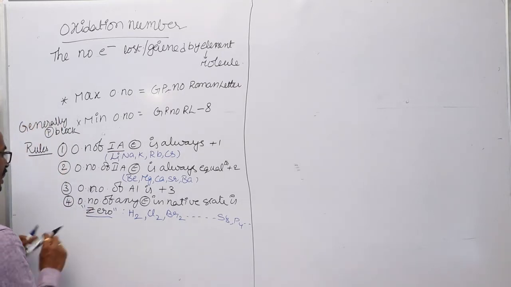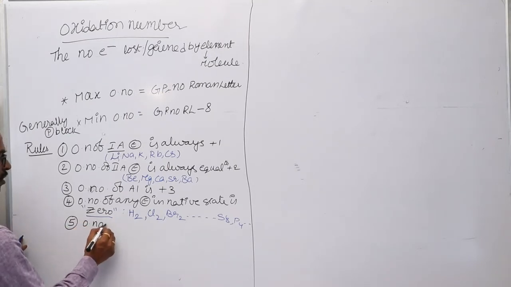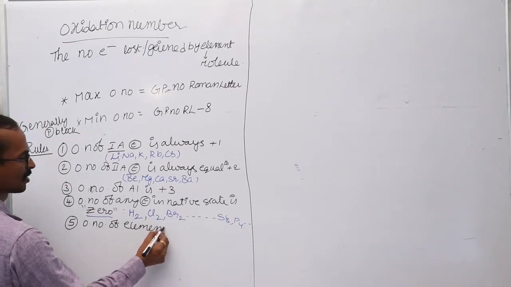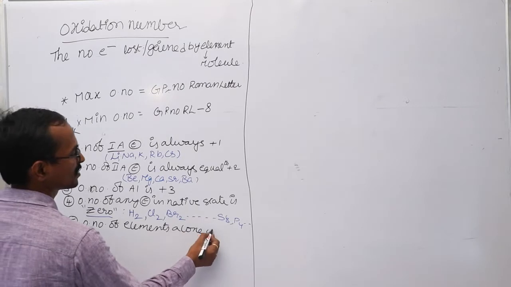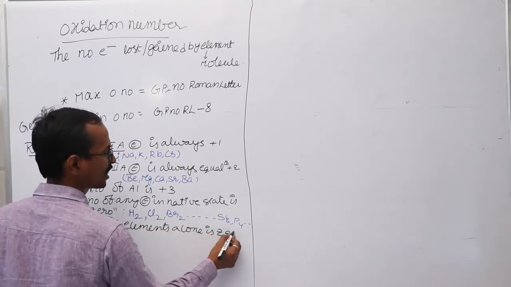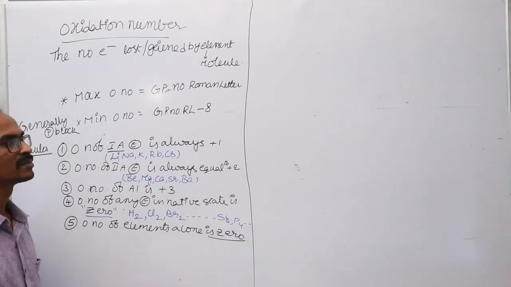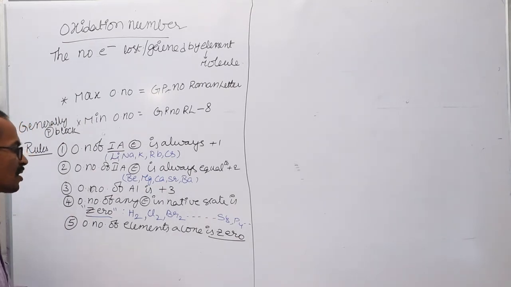Next point you have to remember, the oxidation number of elements alone is 0. If an element is present singly, then its oxidation number is also equal to 0.